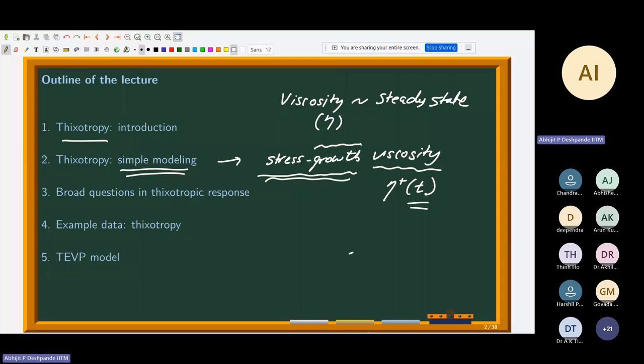And then we will look at some broad questions in the rheological response of thixotropic materials. Based on that, we will look at some data from our own students who have done some work related to thixotropy of slightly different systems.